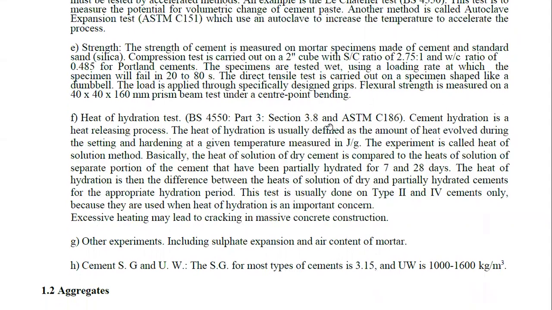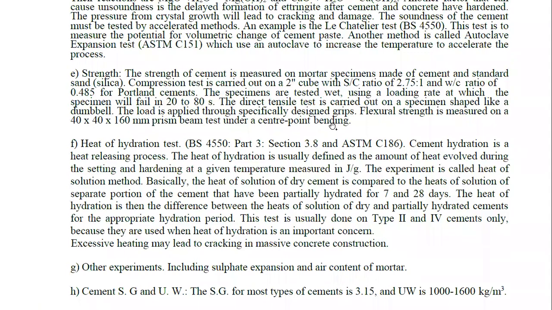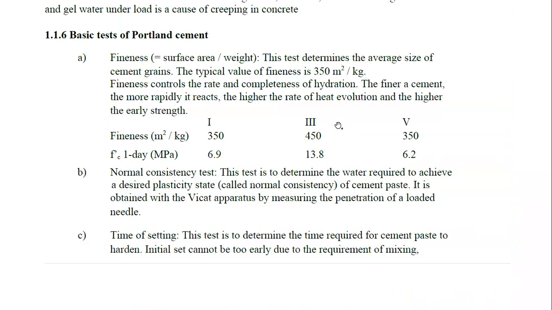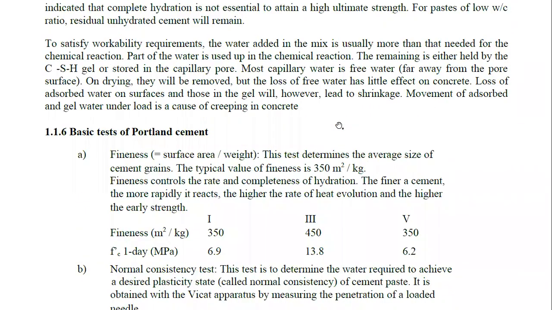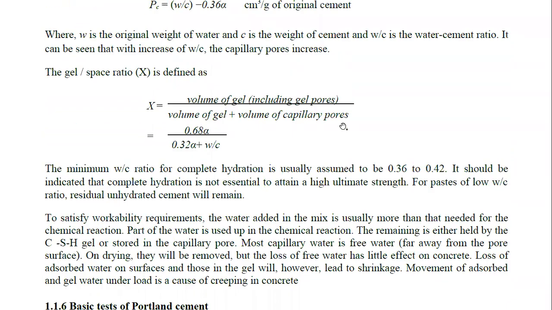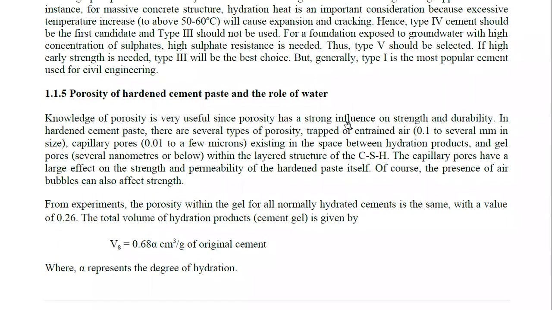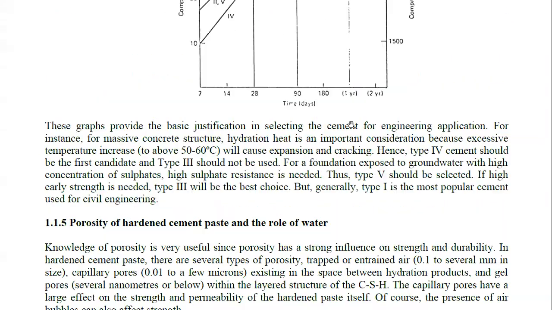Now the next topic is aggregate, which will be covered in the next lecture. So in this lecture we studied the basic tests of the cement and the porosity of hardened cement paste and the role of water.